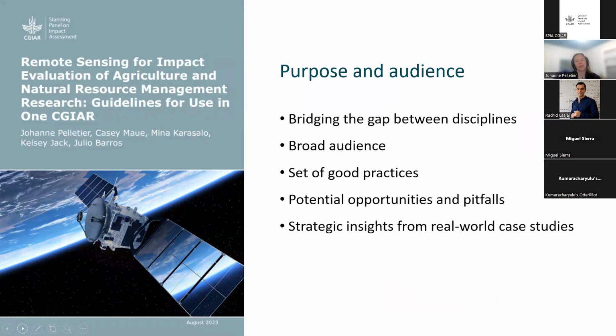That's the purpose of the guidelines: to bridge the gap between the different disciplines.